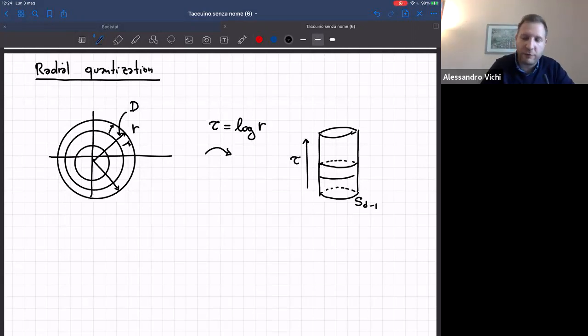So when you pass from one to the other, you have to be careful. Passing from one to the other is a Weyl transformation, because these two metrics are conformally equivalent. Generically, if you didn't have any anomaly, you can just compute correlation functions on one side and translate them to the other side. Generically, there is an anomaly, which is the central charge, and then you have to take this into account.